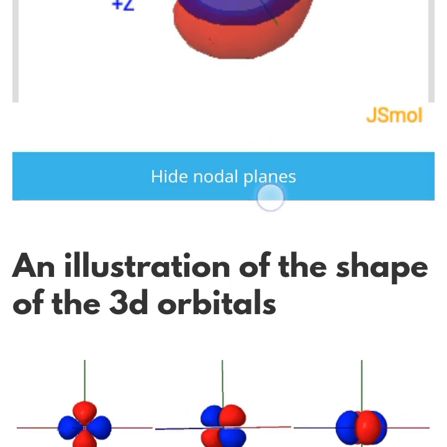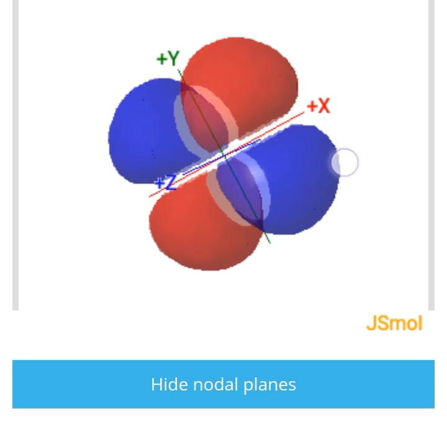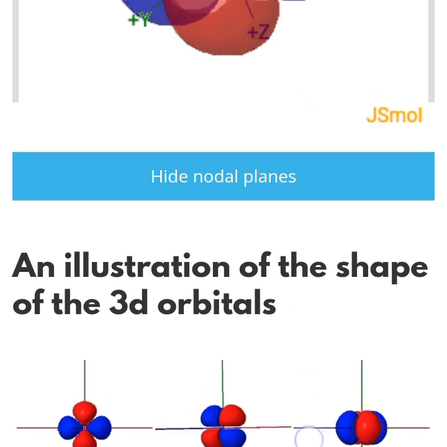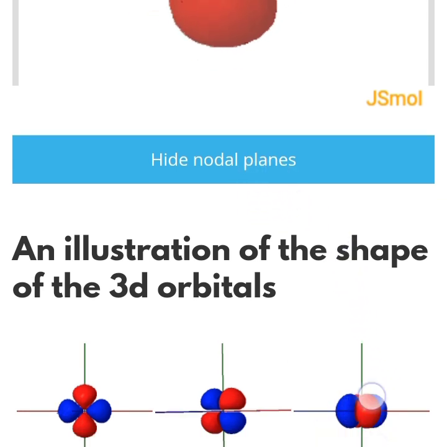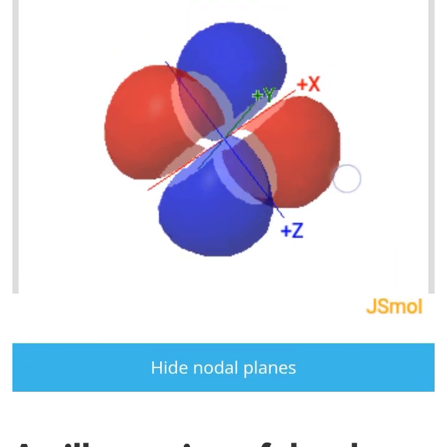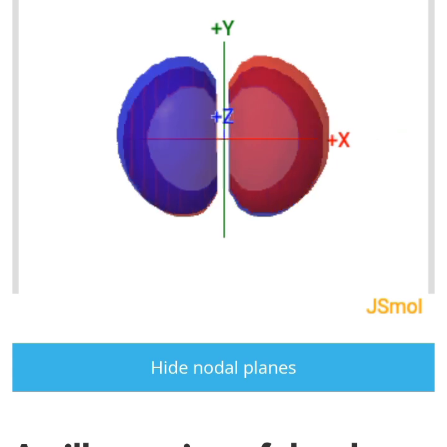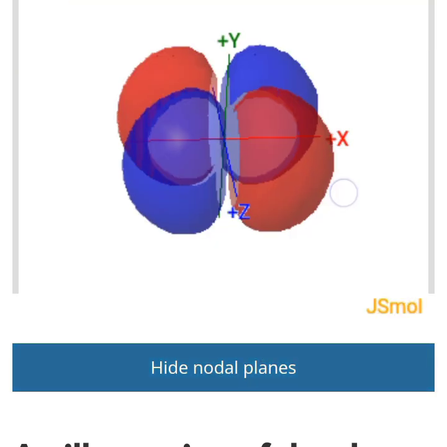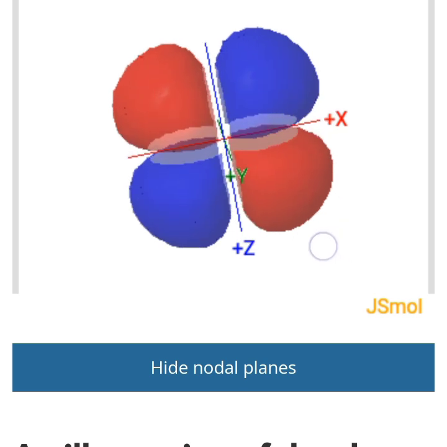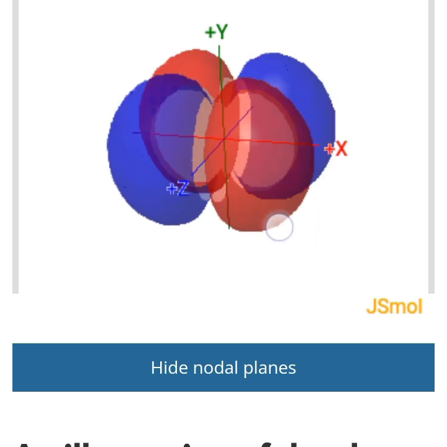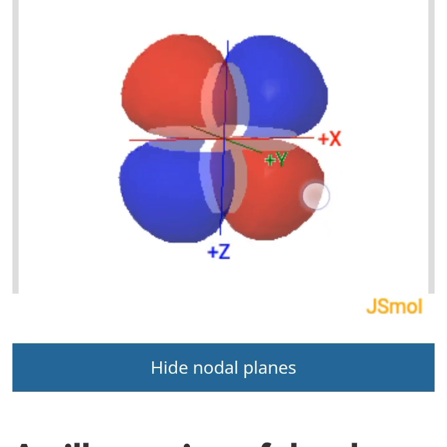Okay, seen this carefully. Here this orbital has lobes present in the region of x and z. Okay, seen this.